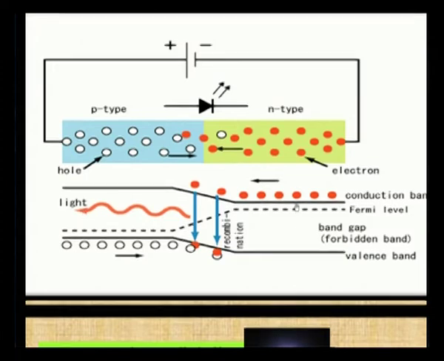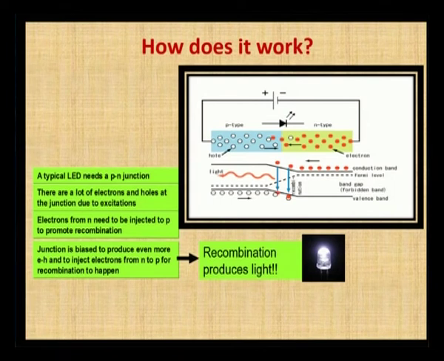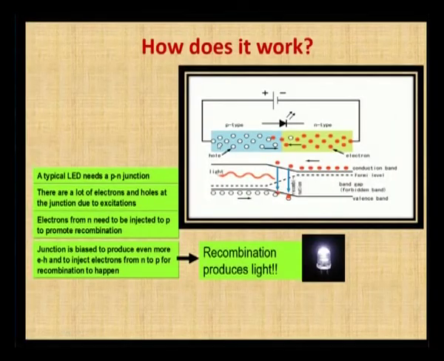This is how the LED works due to the recombination process. The recombination process means when the electron moves from the conduction band of the N type material to the valence band of the P type material, it releases light. That light makes the LED glow. This is how the LED works.